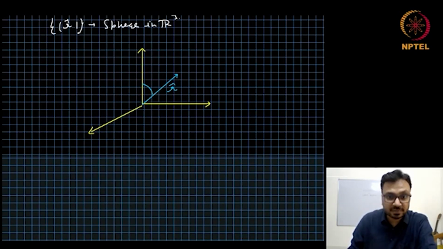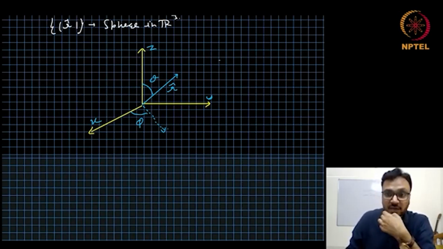This is the x-axis, this is the y-axis, this is the z-axis. The angle of the R vector with the z-axis is theta, and its projection in the xy plane makes an angle with the x-axis, which is phi.